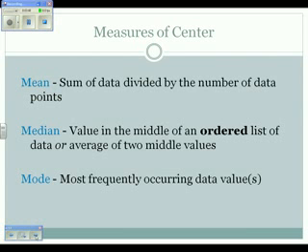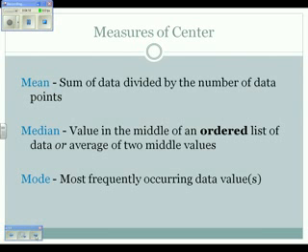The mean is sort of a weighted center, so if you've got extreme values on one end, then the mean will be pulled toward that end.